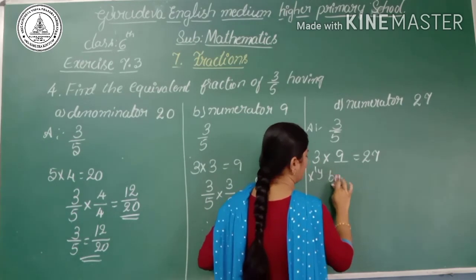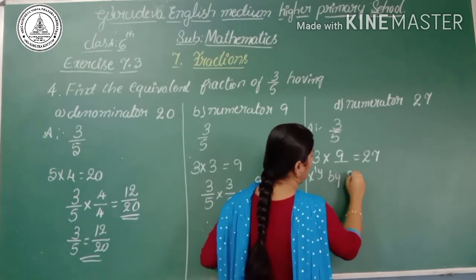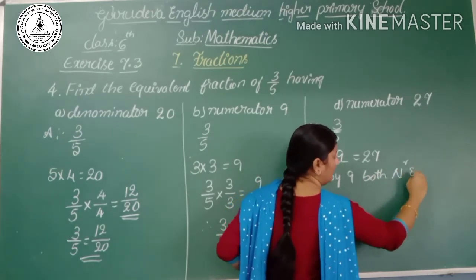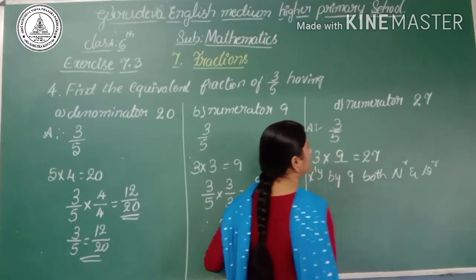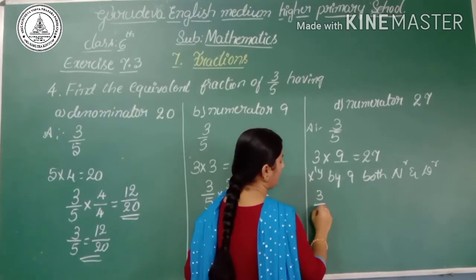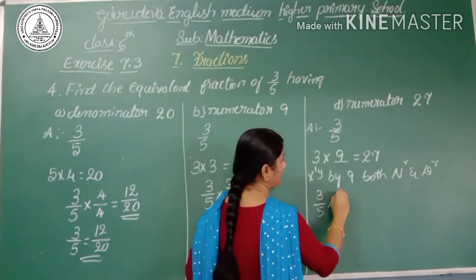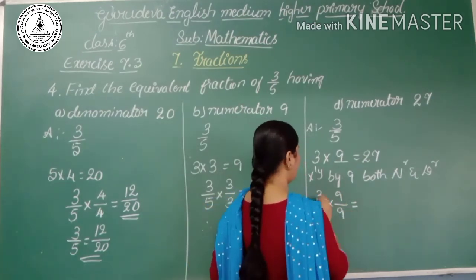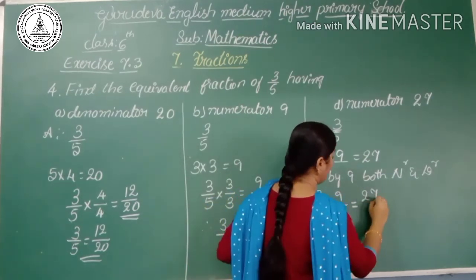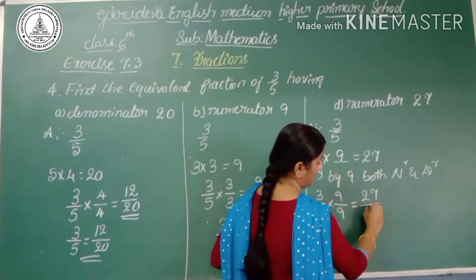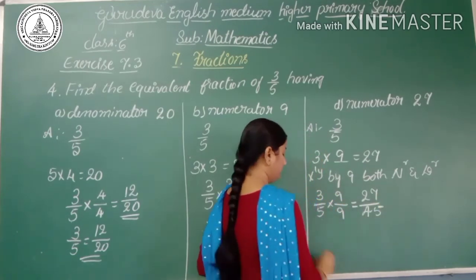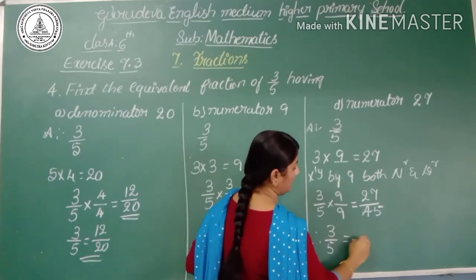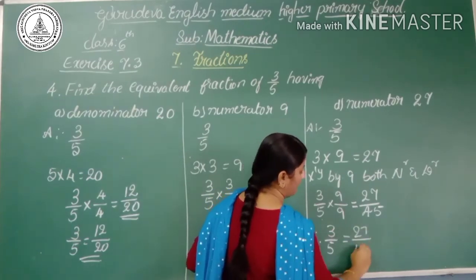Then what we get: 3 by 5 into, multiply by 9 both the numerator and denominator. What we get: 3 9s are 27 divided by 5 9s are 45. Therefore 3 by 5 is equivalent to 27 by 45.